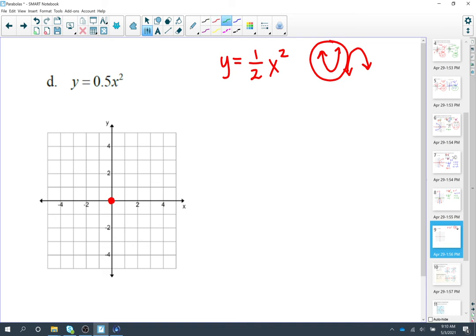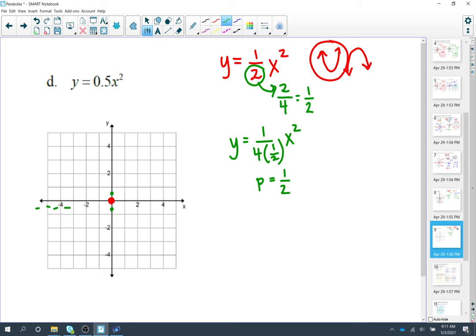Then I'm going to find my p-value. So I have a 2. I'm going to take 2, divide it by 4. That's 1/2. So I know my p-value is 1/2. If I rewrite it, y equals 1 over 4 times p, x squared. So if p is 1/2 and we know that the parabola points up, that means we're going to go up a half and we're going to go down a half.